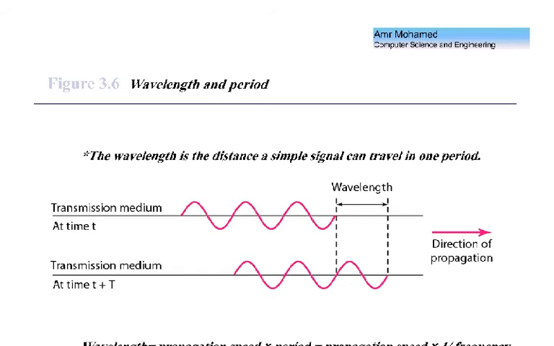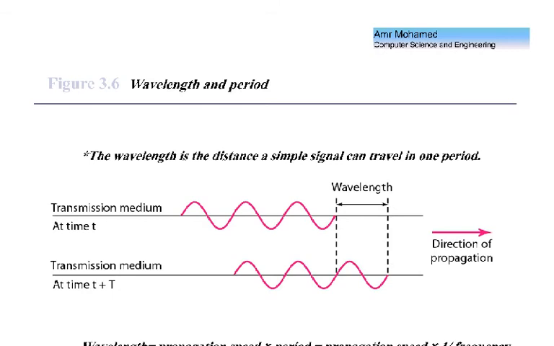So the x-axis is not time, it's the distance? The x-axis here is still the time, but the wavelength itself is the distance, which means it's time multiplied by speed, right? Why time here? Because I have to calculate the time between this point and this point.